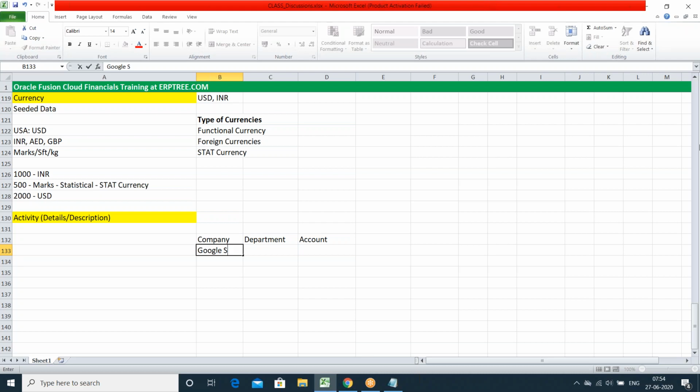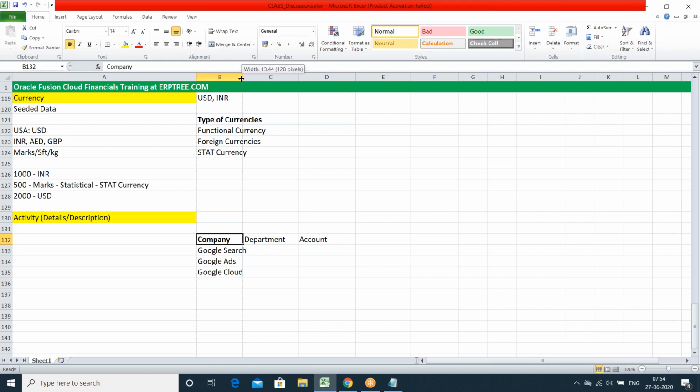So the enterprise is Google. Let's take one of the businesses, Google Search. Another company is Google Ads. The other entity is Google Cloud. These may be the companies.